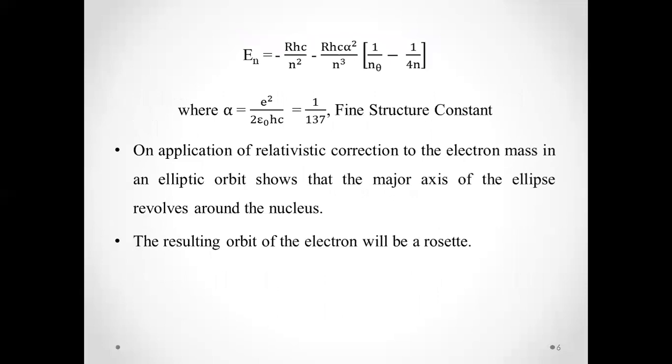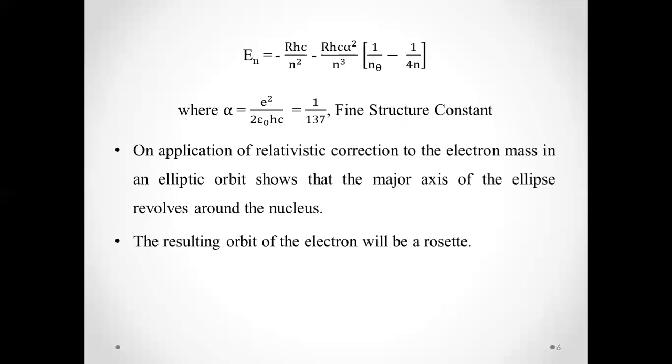En equals minus R_H c by n square minus R_H c alpha square divided by n cube into (1 by n theta minus 1 divided by 4n).